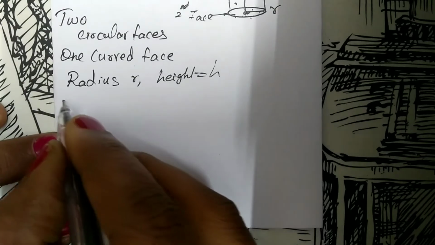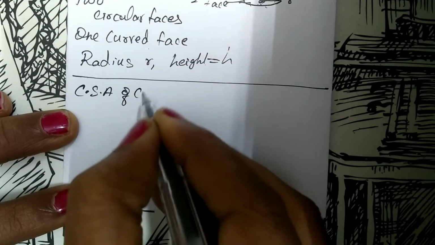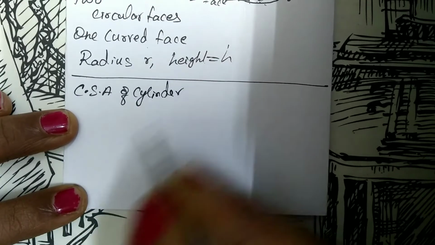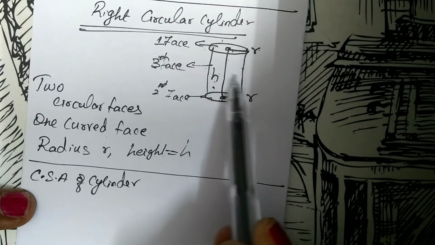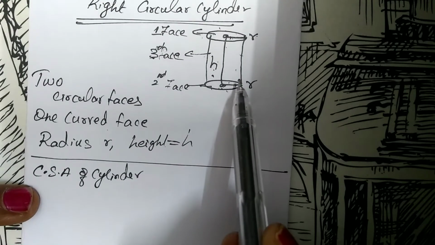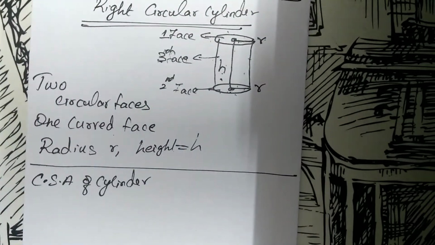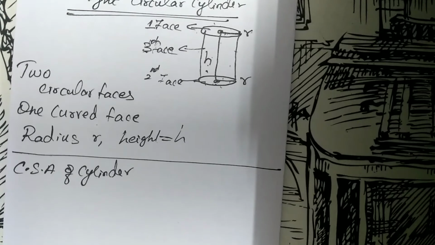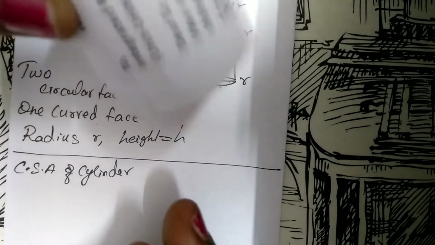So now we see the curved surface area of the cylinder. What is the curved surface area? This part is the curved surface area. I'll show you with a small example. See, this is a cylinder shape.